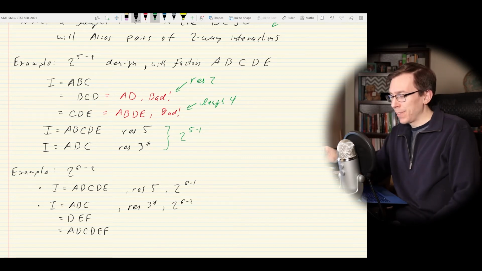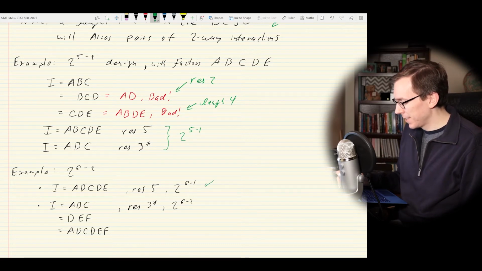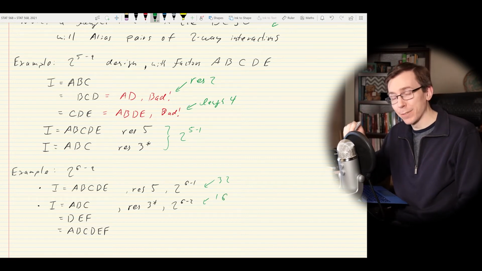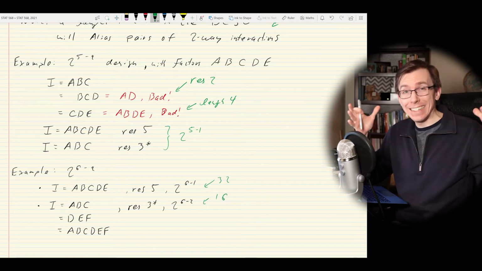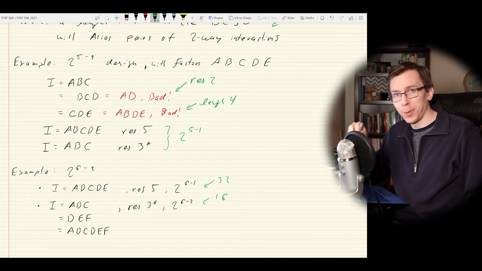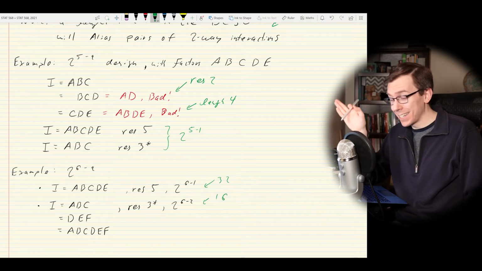So now we only need 16 data points, right? This would be 32, and this would be 16. So we can get away with just collecting 16 of our cube points. Remember, we're starting with a 2 to the 6 design, that's 64. So we can cut it down to a quarter of the total number of vertices on the hypercube. That is, we can take 64 down to 16.